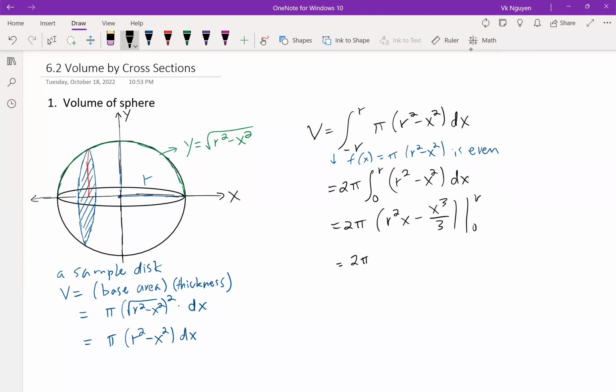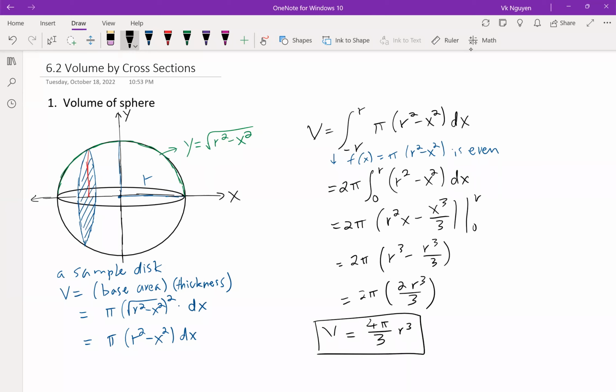This gives us 2 pi times r cubed minus r cubed over 3, and when we sub in 0, we have 0. So this gives us 2 pi times 2 r cubed over 3, which is 4 pi over 3 r cubed. Yay! This is the nice volume formula of the sphere.